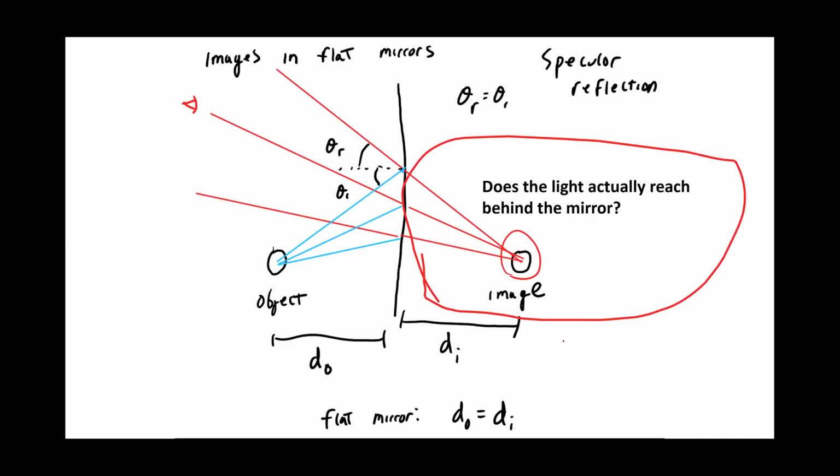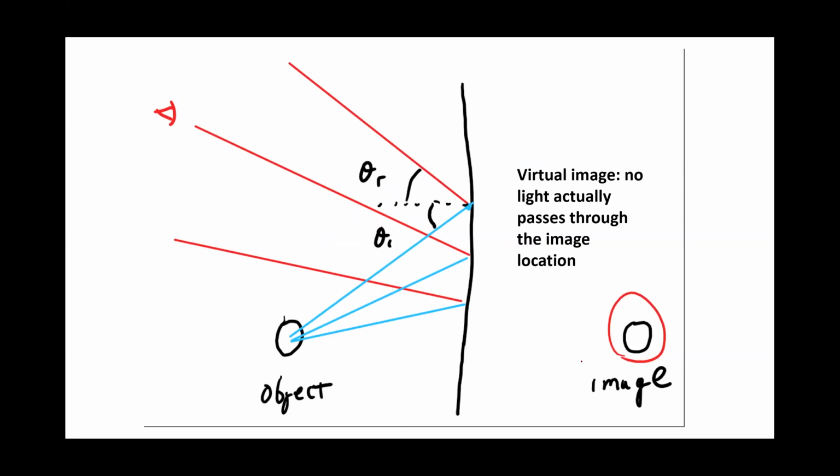When light appears to come from a geometric point that the light doesn't actually pass through, we refer to that as a virtual image. No light actually passes through the image location. We just think about that location as being a point of divergence for the reflected rays.